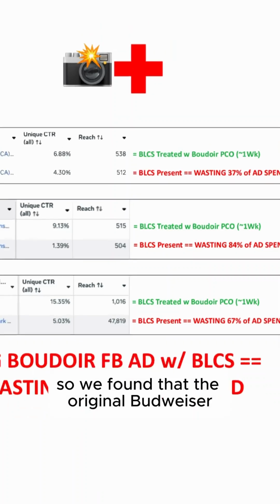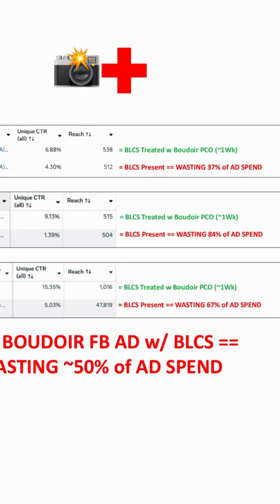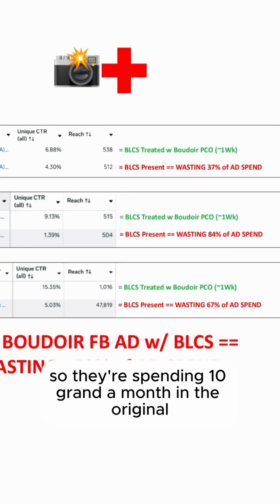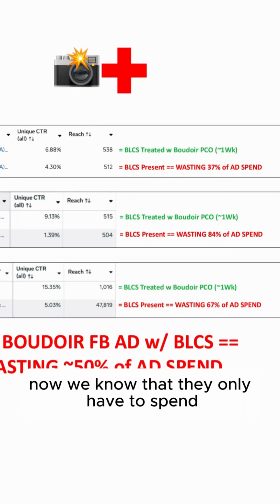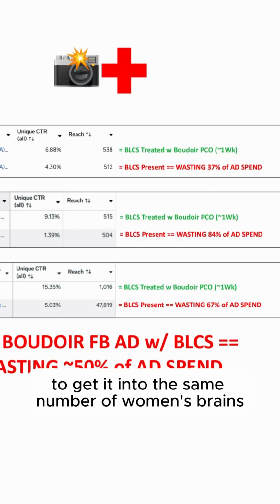So we found out the original Boudoir Facebook ad was wasting 84% of its ad spend. Literally wasting 84% of its ad spend. So if they're spending 10 grand a month on the original, now we know that they only have to spend 1.6 grand a month on the Boudoir Pico traded ad to get it into the same number of women's brains.